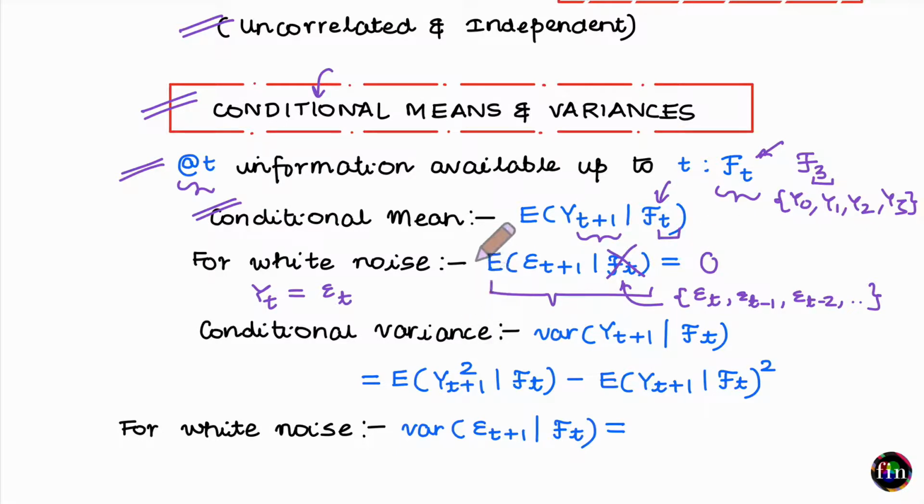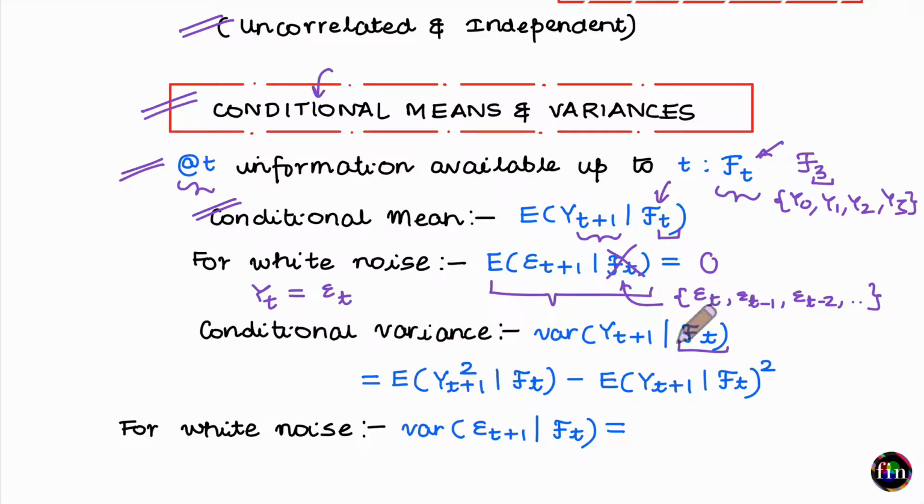Now, let's move on to conditional variance. Very simple. This is simply the variance, but conditional on the fact that you have available recorded information about your time series up to and including the time index t.